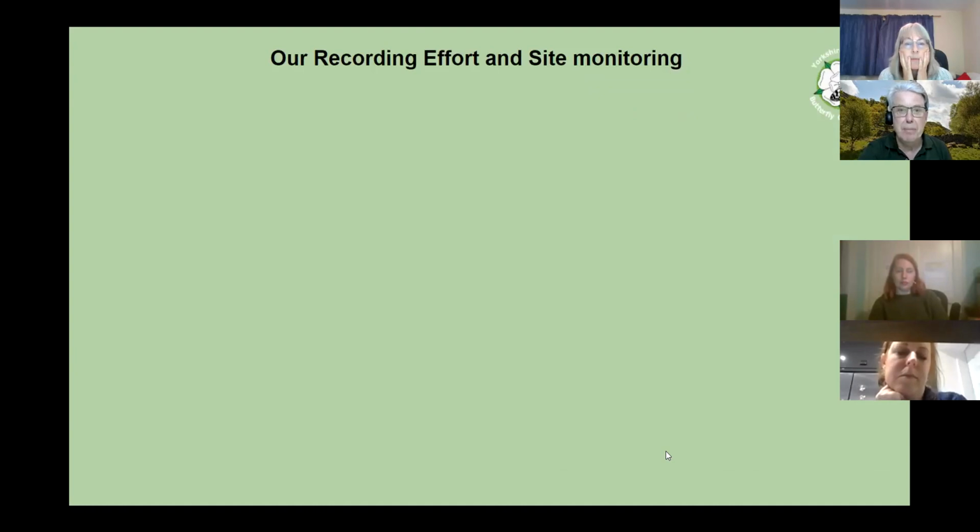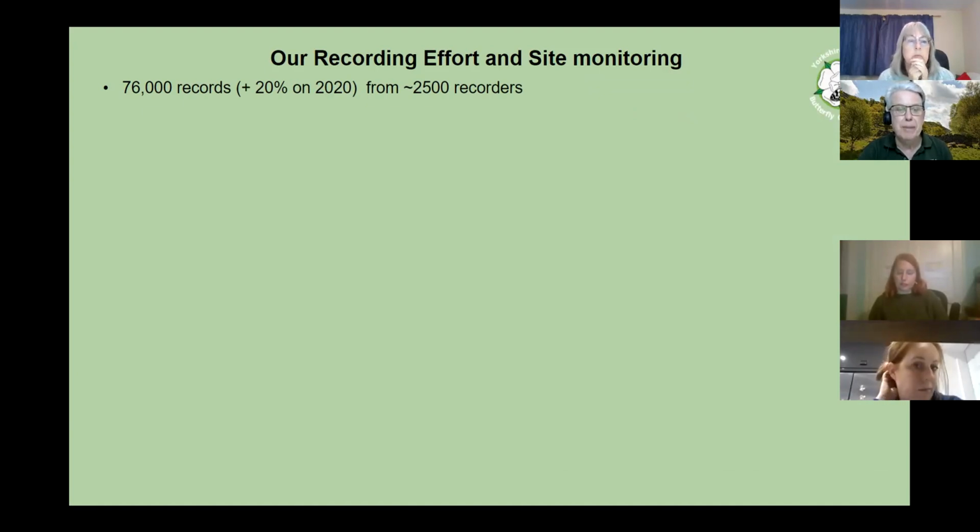So just to give you a background to our monitoring effort in Yorkshire. Yorkshire produces something like 76,000 records in the course of a year from 2,500 recorders. Now, quite a few of those will be things like the big butterfly count, and the other big number will be our casual recorders.